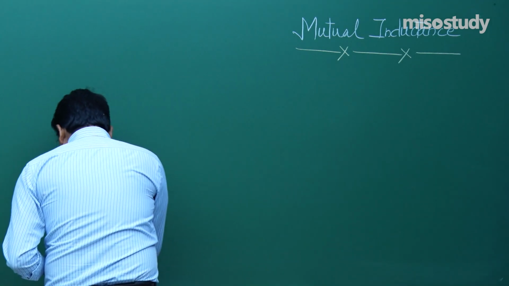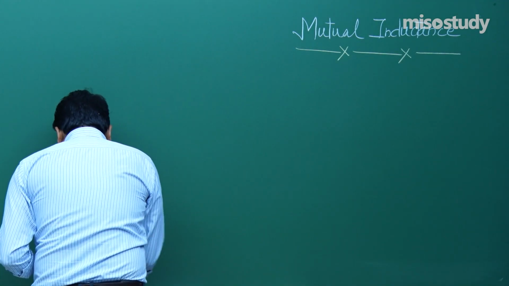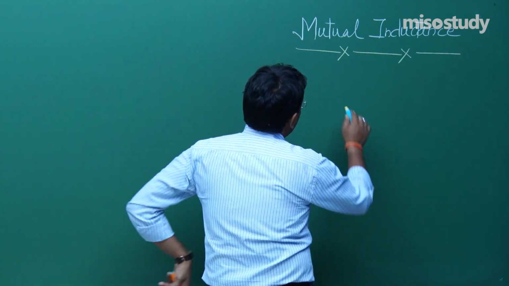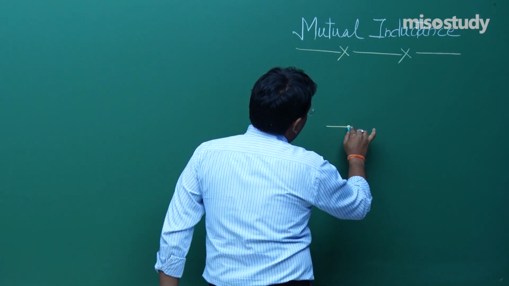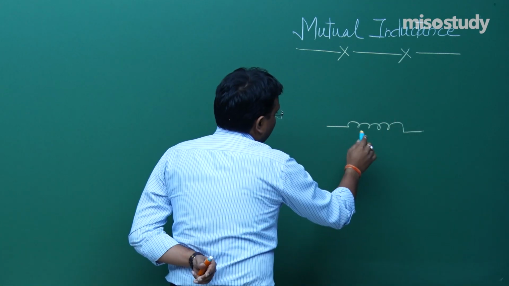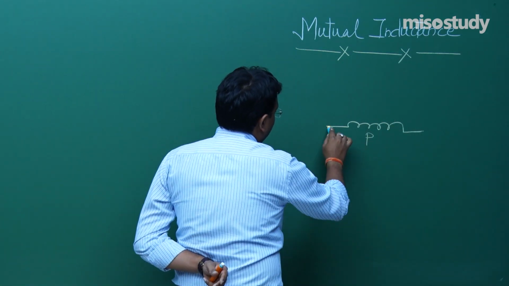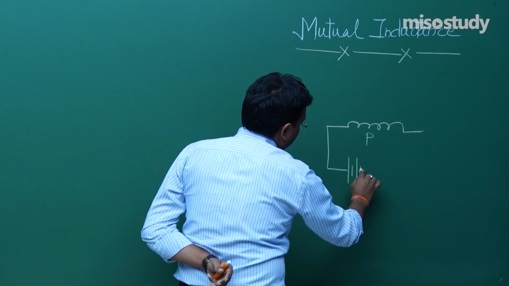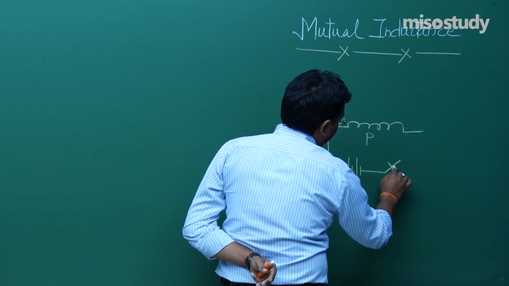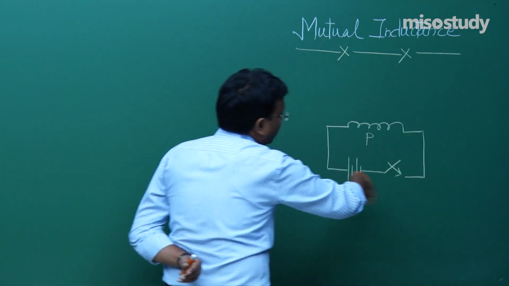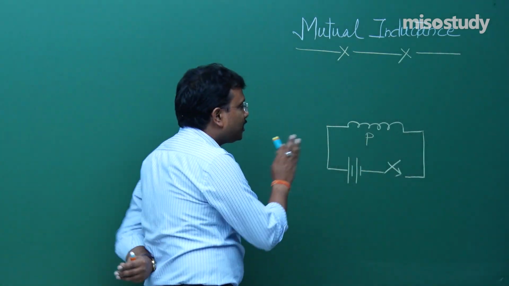So I think I should use 2 to 3 colored chalks. This is one coil. Let us say it is the primary coil, and in this coil this is the source. This diagram you are all aware of, we discussed it.